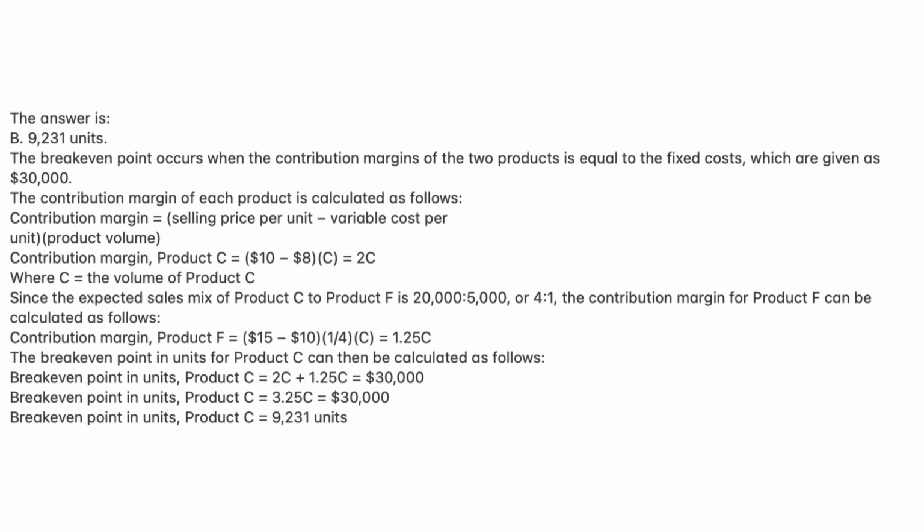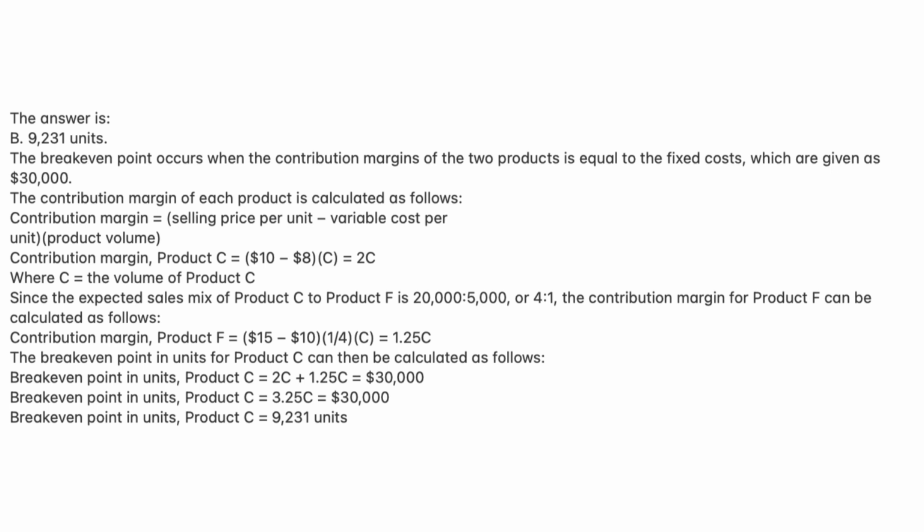9,231 units. The break-even point occurs when the contribution margins of the two products equal the fixed costs, which are given as $30,000. The contribution margin of each product is calculated as follows. Contribution margin equals selling price per unit minus variable cost per unit, times product volume.